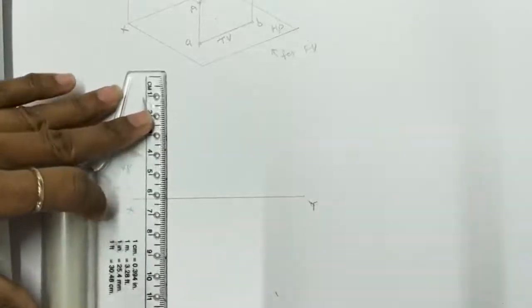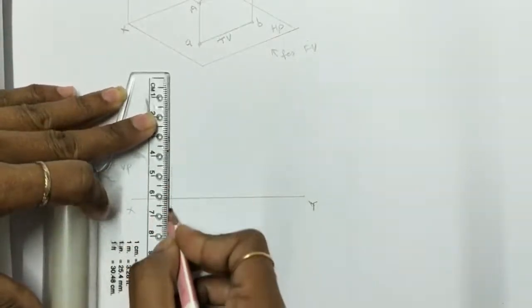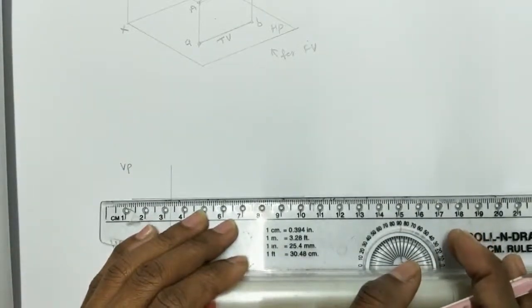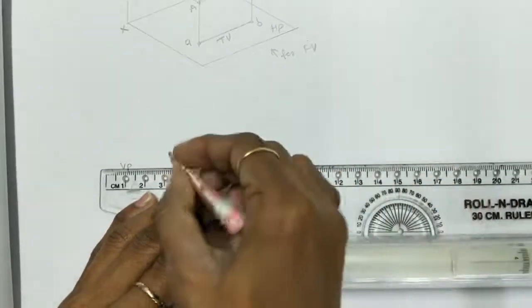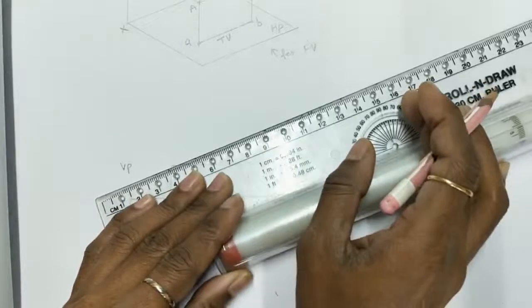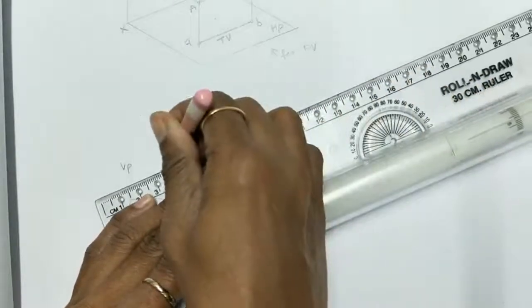Now in front view there is an inclined line, so I will take a random distance and draw the inclined line. Take any angle theta and measure any length.